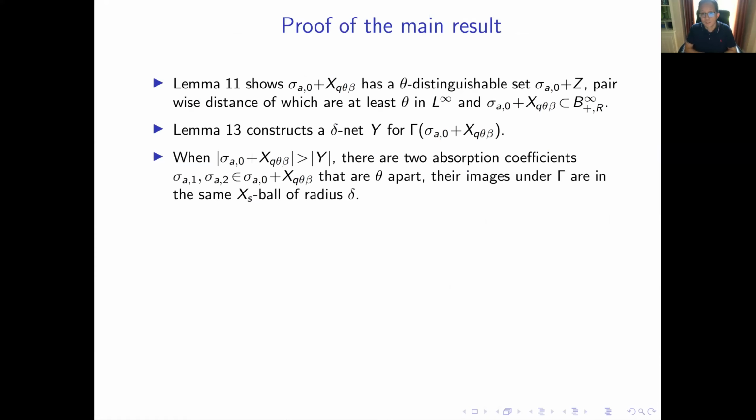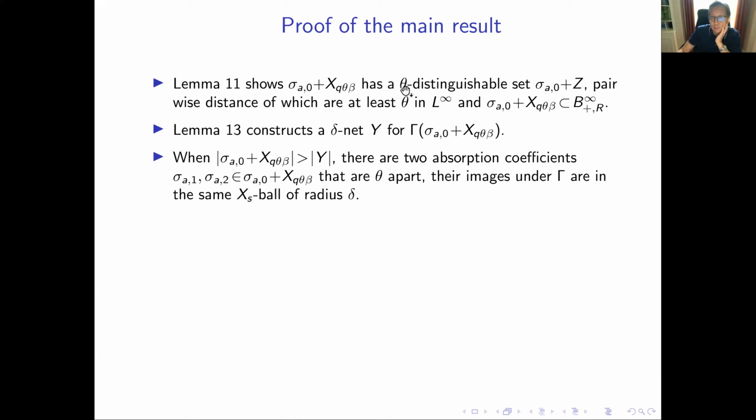Now everything else is a simple pigeonhole principle. You're mapping a set of elements. If their number is bigger than the pigeonholes you have, then two have to share one.